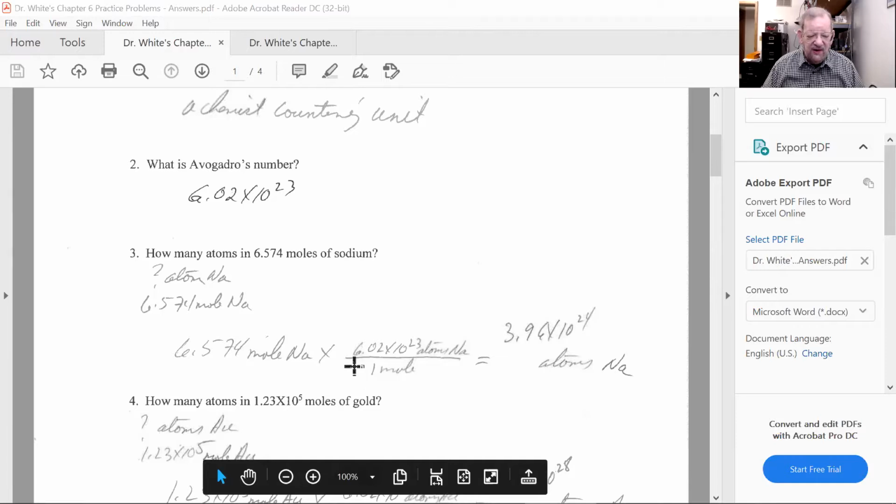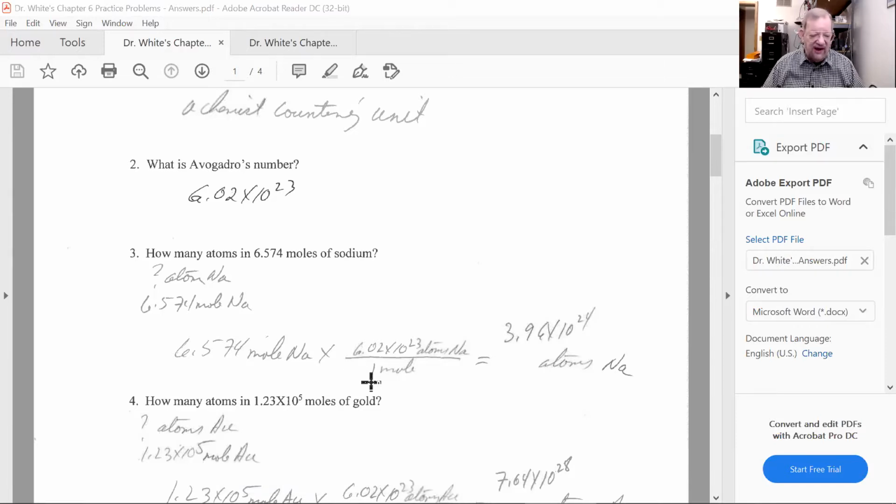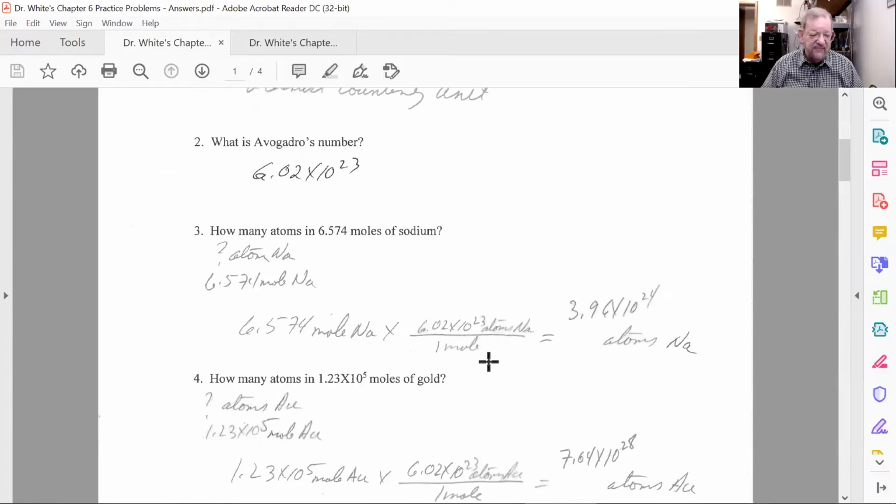The 1 is part of the definition, it's an exact number. When you do multiplication and division, you get the same number of significant figures in your answer as the number you're multiplying or dividing that has the fewest. This is 4, this is 3. My answer is 3 significant figures. And that's how you do it.